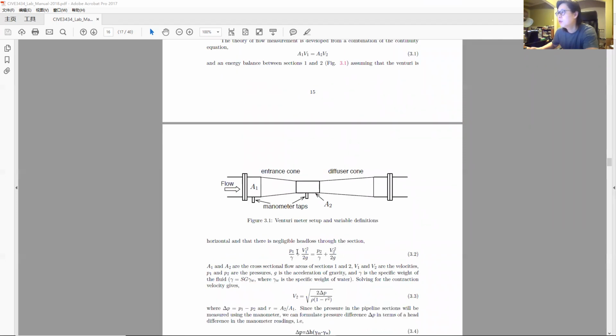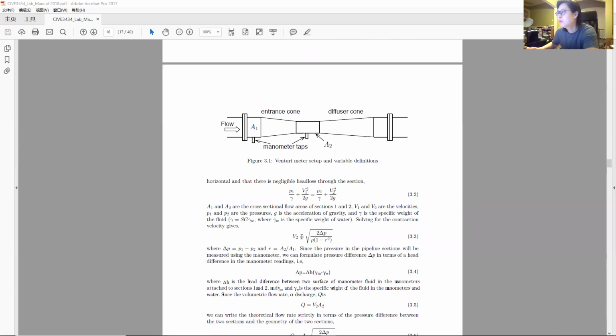So the equation can be rewritten as: V2 equals the square root of 2 delta P over rho, over 1 minus R squared, where R is the ratio of the two cross-section areas.